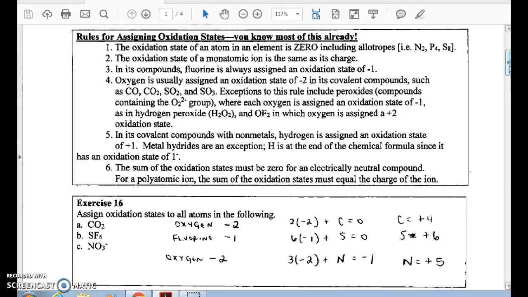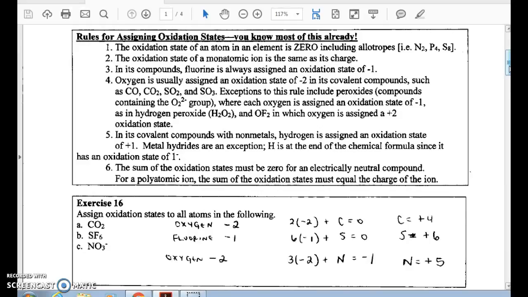But we can also assign oxidation states for covalently bonded substances. And here, oxidation state is more like the assigned charge on an atom. It's really just a number that's used for electronic bookkeeping, for keeping track of where the electrons are being transferred from and to in an oxidation-reduction reaction.